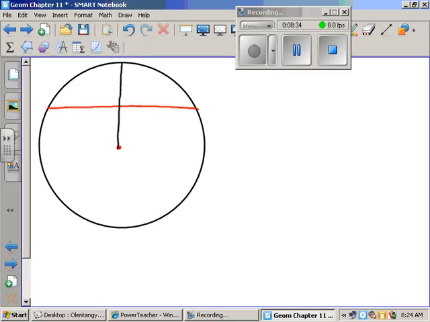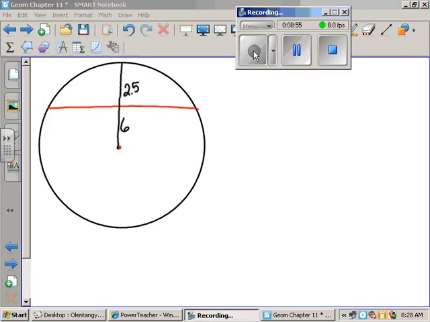It's perpendicular, so it bisects the chord. Okay. And if this is 2.5 and this is 6, what's the length of the chord?